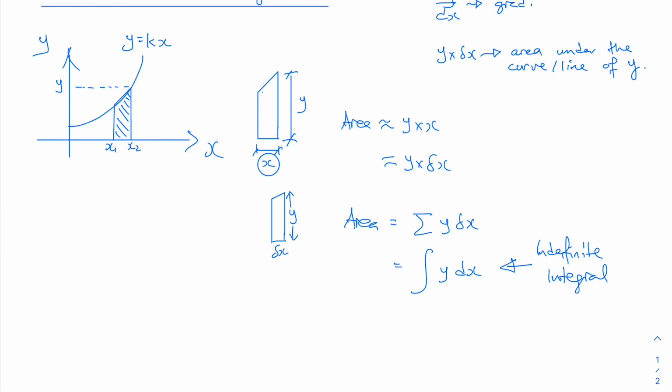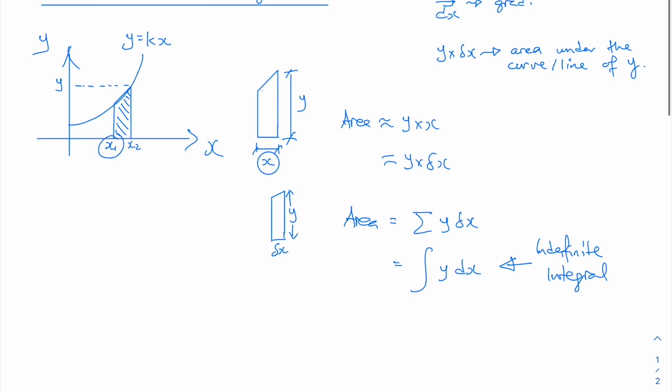Now if I want specifically to be between x1 and x2, I will have to use a definite integral. So this area is indefinite, this area definite, I have to insert the limits. The upper limit x2 is placed at the top of this integral sign, and the lower limit x1 is at the bottom.